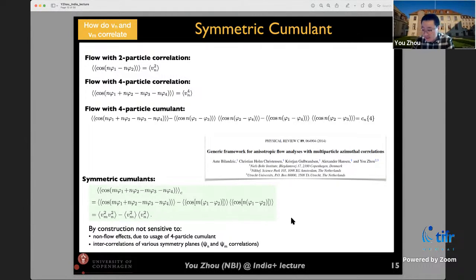Because if there's no correlation between different flow coefficients, then you would expect that this observable, the symmetric cumulant, will be 0. And if you see a non-zero result, because this is a 4 particle cumulant, it shouldn't be affected by non-flow effects, so it just tells you there's a non-trivial correlation between different flow coefficients.